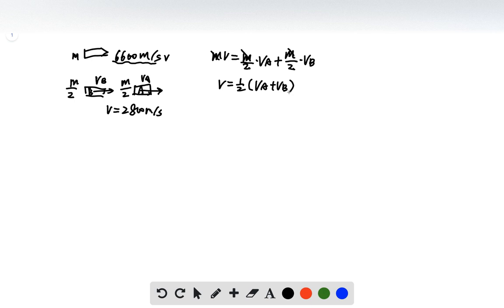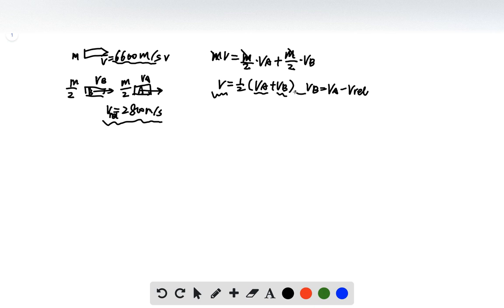And since this is v relative, this is v. We already know what v is, but we are trying to find both va and vb. To do that, we first need to cancel one term. Let's use this relative velocity to cancel vb. So vb equals va minus v relative.